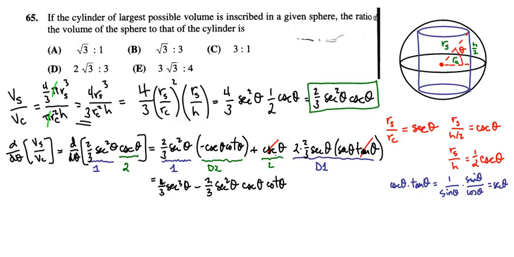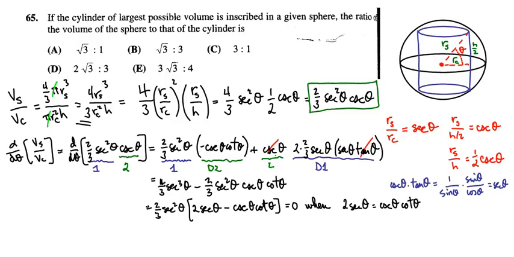From here I can factor out a secant squared theta, 2/3 secant squared theta, and that factor will never be 0. Okay, so we end up with 2/3 secant squared theta times the quantity 2 secant theta minus cosecant theta cotangent theta. And that will equal 0 when 2 secant theta is equal to cosecant theta cotangent theta.